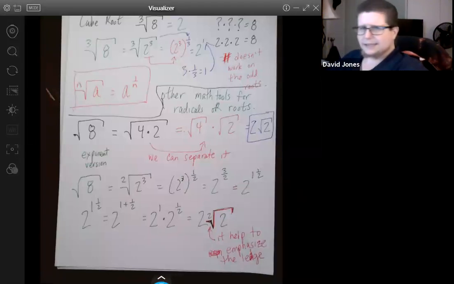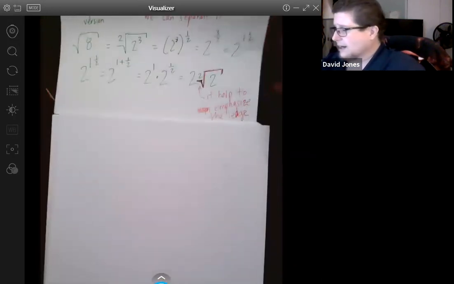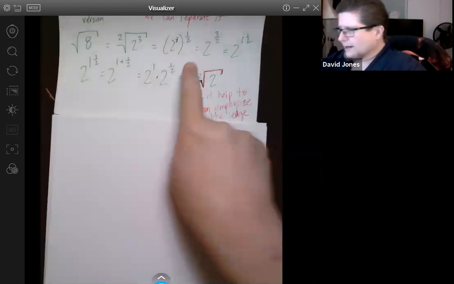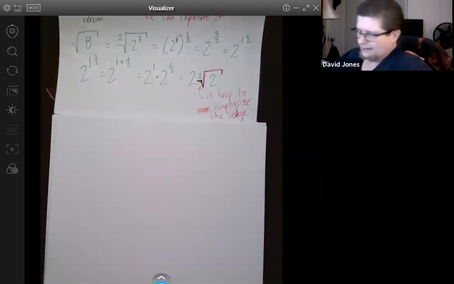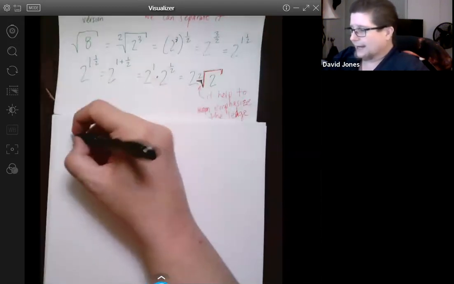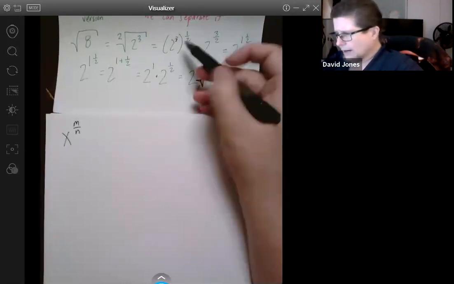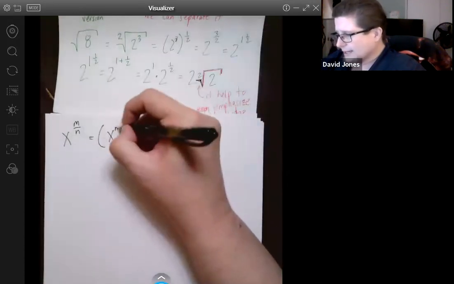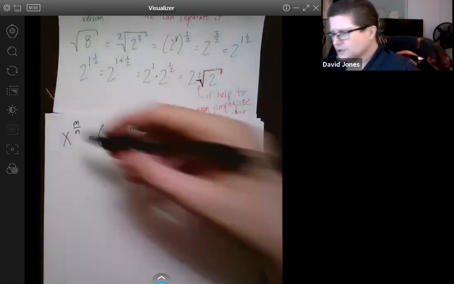But let's take a look at that 2 to the 3/2. What did we do with that 2 to the 3/2? And where did it come from over here? It was stuff inside there. So 2 to the 3/2, this is like if I had a variable to the m over n. Now, with the 3/2, I showed the 3 on the inside and the 1/2 on the outside. I can definitely show that as x to the m, to the 1 over n. And these are multiplied.